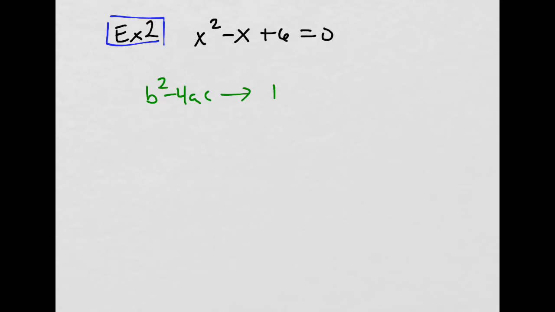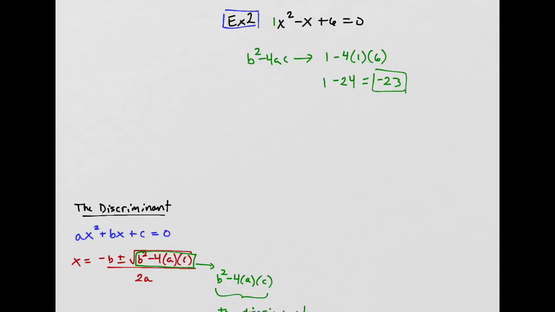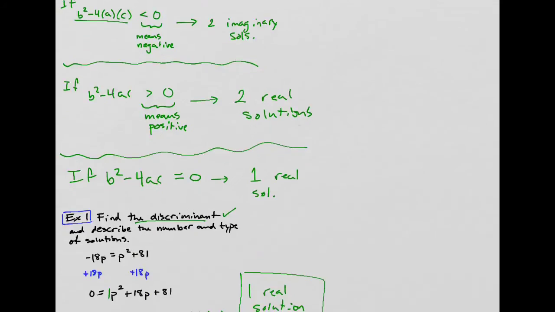Minus 4 times 1, because there's a 1 there, times 6. Negative 4 times 1 is negative 4, times 6 is negative 24. So 1 minus 24 is negative 23. That's my discriminant. My discriminant is negative 23.